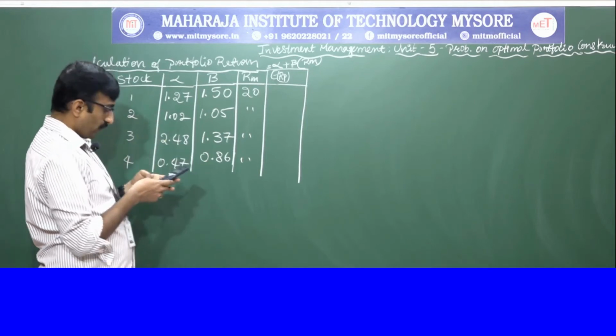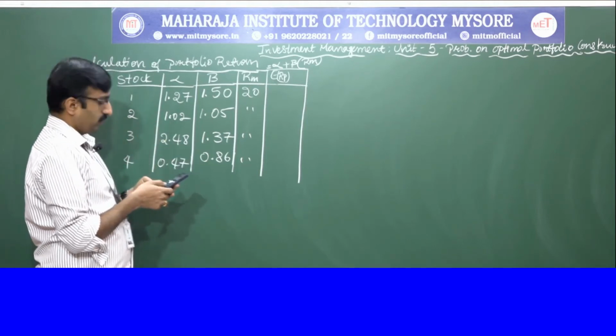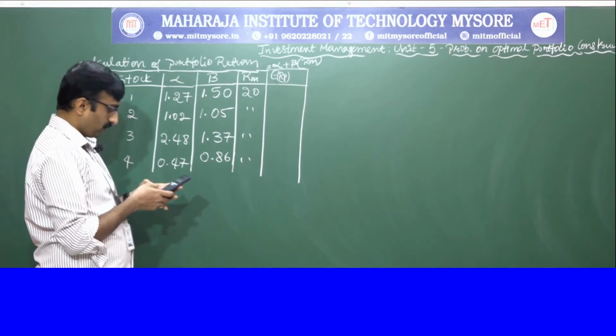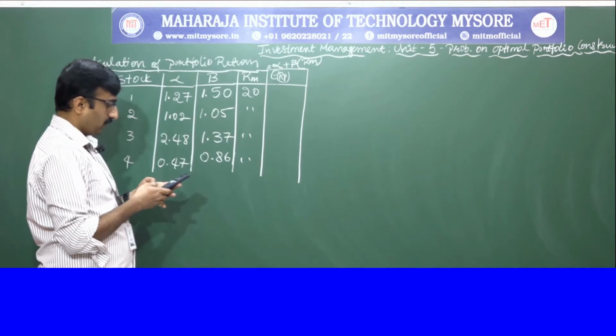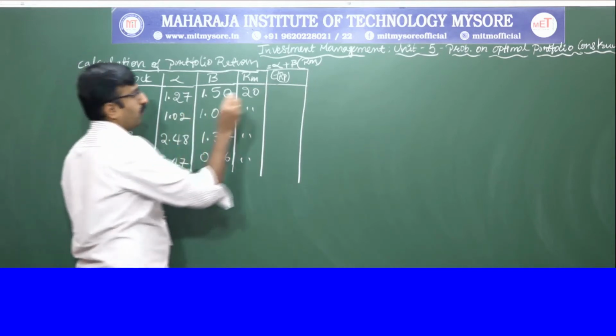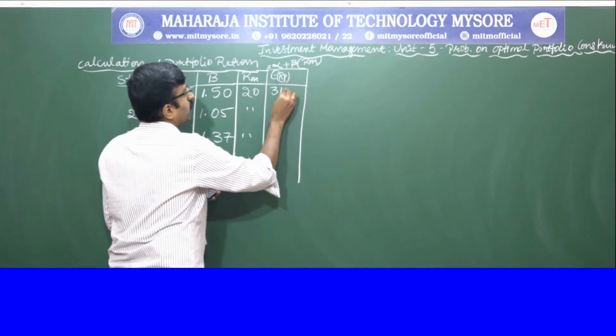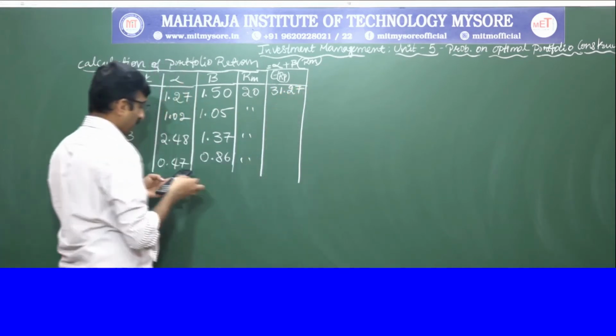So alpha is 1.27. Before that you calculate beta, 1.50 into 20 plus 1.27. So how much will you get? You will get 31.27.